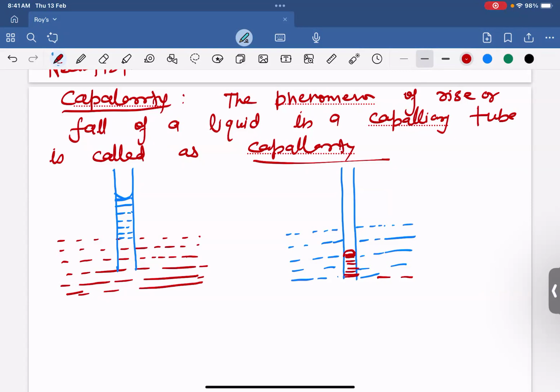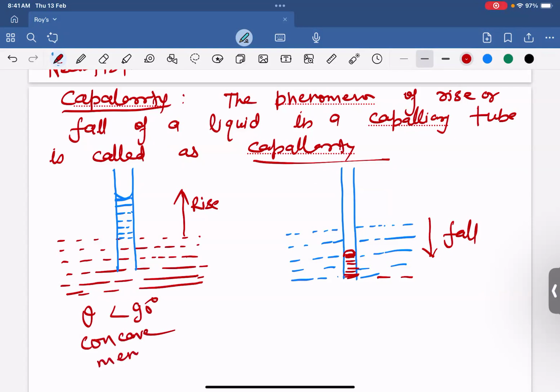There are two types of cases. Here you can see it is a rise, and here you can see the liquid level has fallen. For this, angle of contact is less than 90 degree, and the meniscus is concave meniscus. For that, the angle of contact should be more than 90 degree.